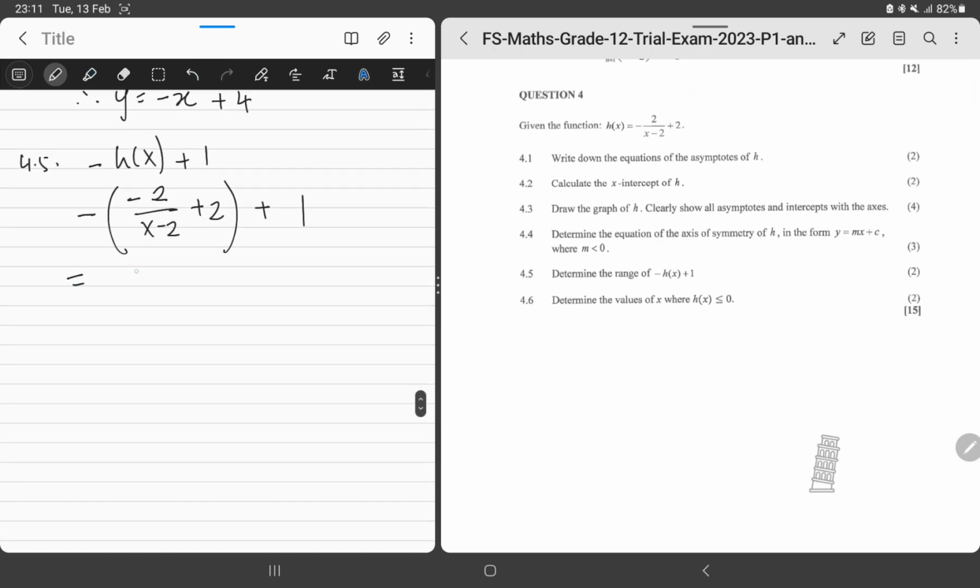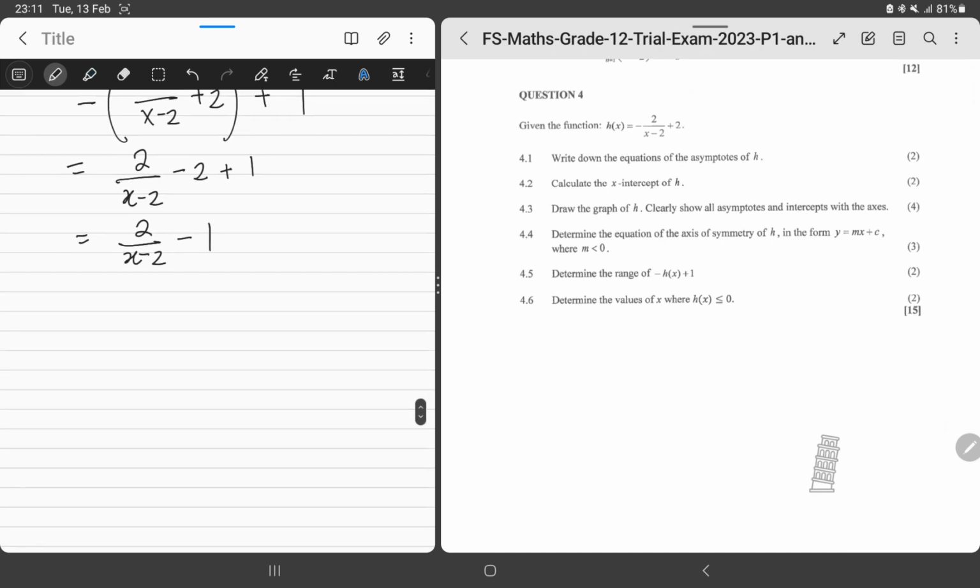This is equal to 2 over x minus 2, minus 2, plus 1. So this is 2 over x minus 2, minus 1. This means that the equation of the y asymptote will be y is equal to negative 1. So the range will be y is an element of real numbers, but y cannot be equal to negative 1.